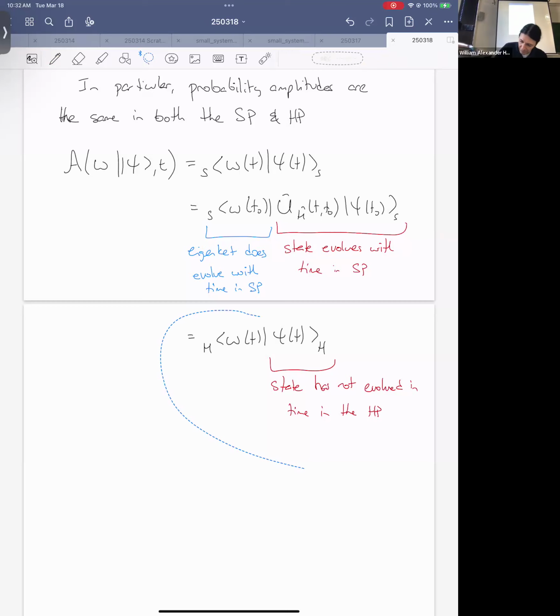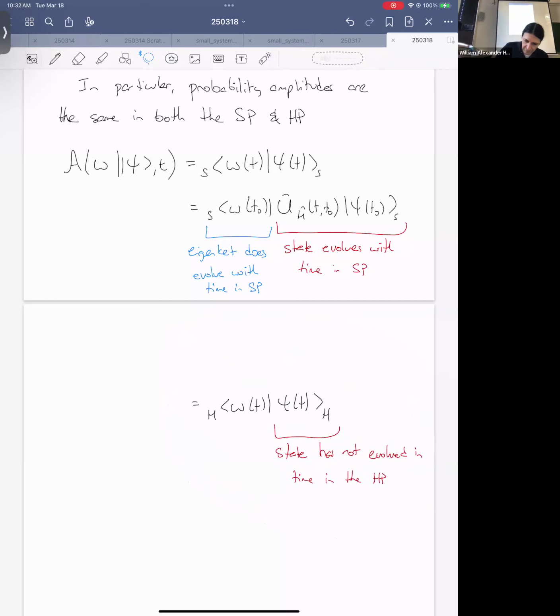I guess I could add one more step, which is that this is equal to the Heisenberg picture omega of t, psi of t0 in the Heisenberg picture, whereas the eigenket has evolved in time in the Heisenberg picture, because the operators evolve in time in the Heisenberg picture.